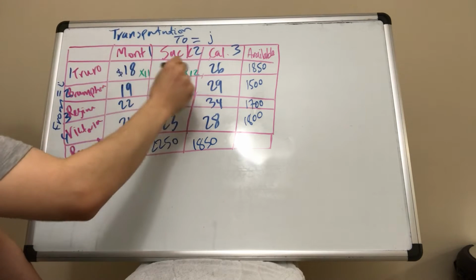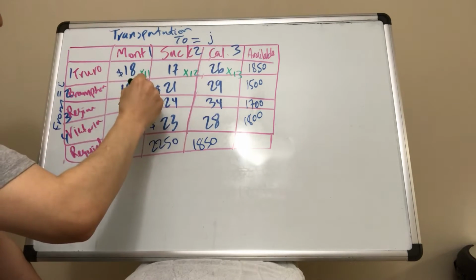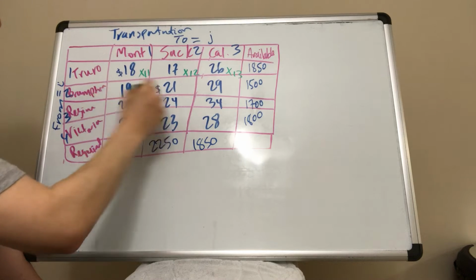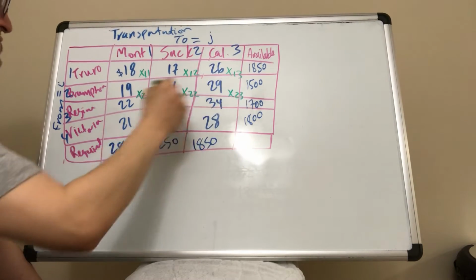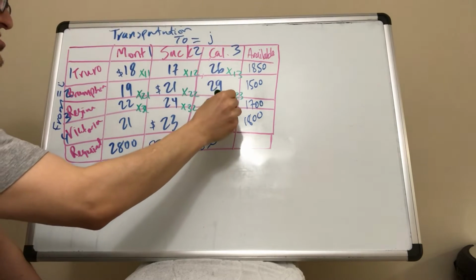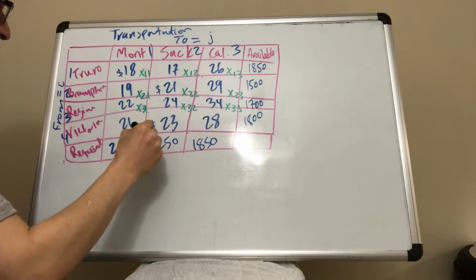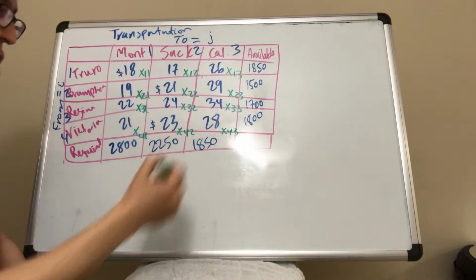This would be going from 1 to 2. This is 1 to 3. This is 2 to 1. This is 2 to 2. This is 2 to 3. This is 3 to 1, 3 to 2, 3 to 3. This is going 4 to 1, 4 to 2, 4 to 3.